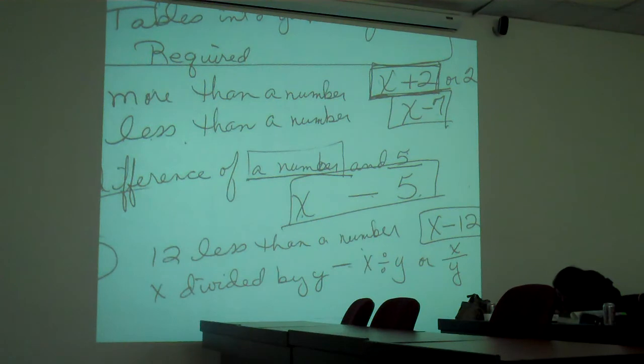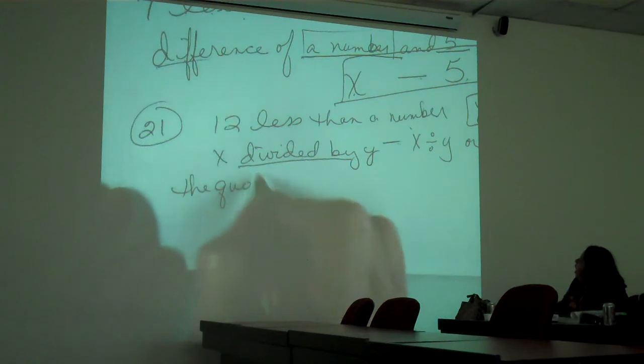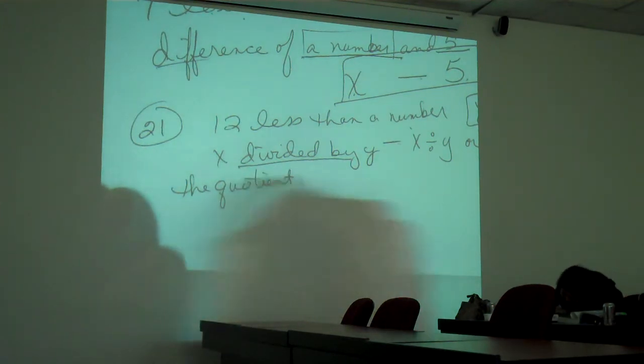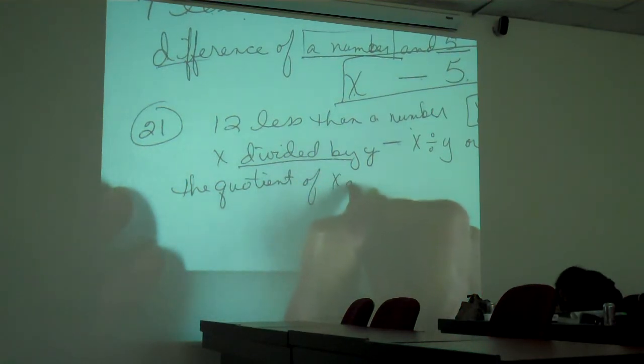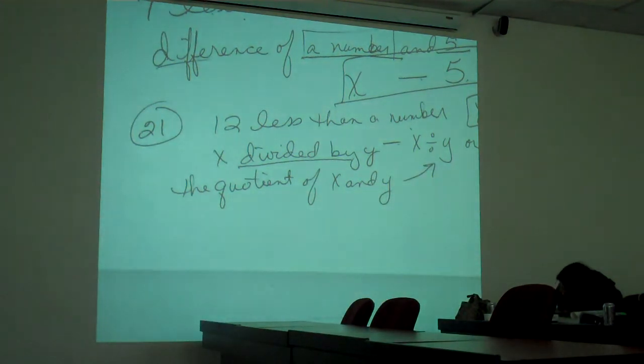Either one of those is divided by y. Divided by is also, if it said the quotient of x and y, that would be the same answer, okay?